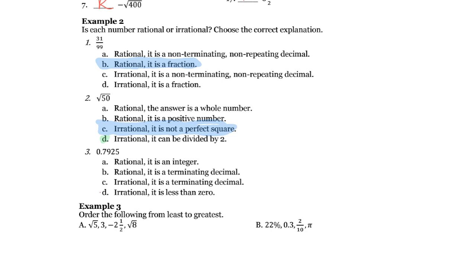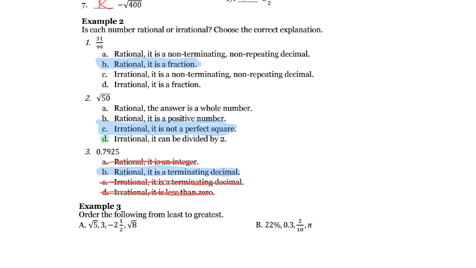So this is a rational number, so it's not D, it's not C, because those are irrational. And it's not an integer. So hopefully you chose B as your answer, because it's a terminating decimal. And terminating decimals are rational.